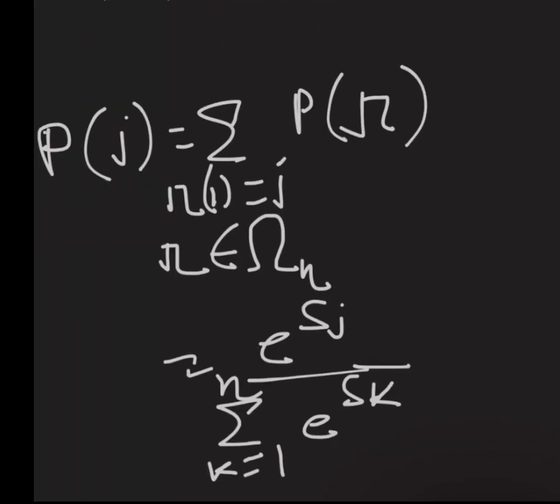Since computing n factorial probabilities is not computationally tractable, the author suggested a top one probability. Pj, the probability of the jth document being the rank 1 document, is denoted by e to the power sj divided by the summation of k equals 1 to n of e to the power sk. This can be recognized as a softmax function.